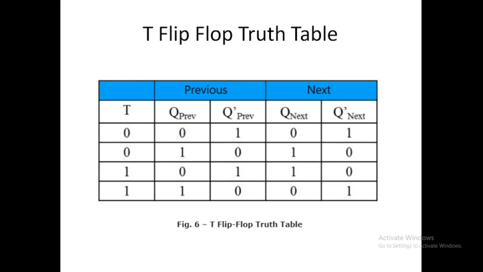So the T flip-flop is nothing but first merging both J and K and producing only one T input, and the output will change with the input, that is toggle, as in the JK flip-flop truth table when J and K are 0 and when J and K are 1.